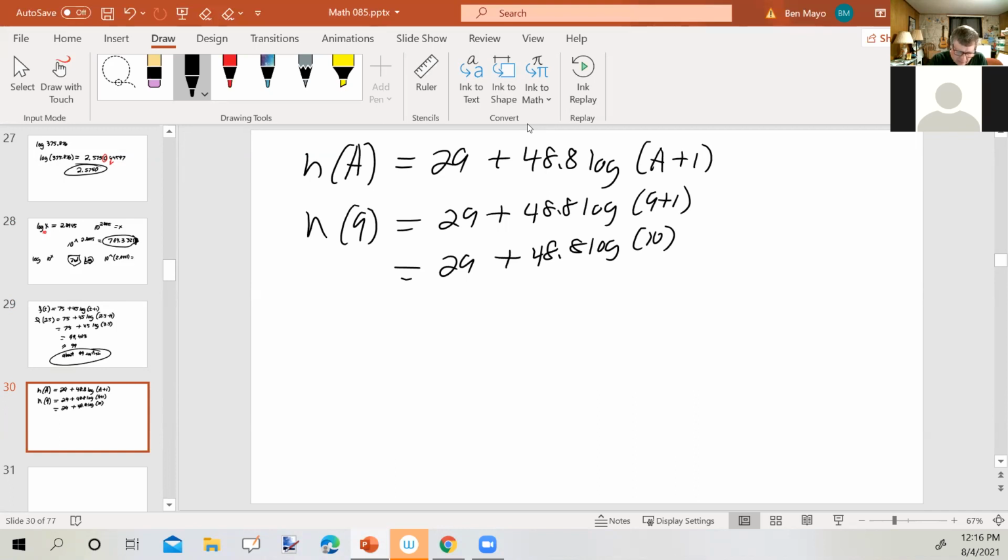So 29 plus 48.8 times the log of 10, and I get 77.8, so 77.8% of his adult height. So that's saying that on average, a male child of age 9 has reached 77.8% of his adult height. That doesn't mean that's going to be true for every single individual, but on average.